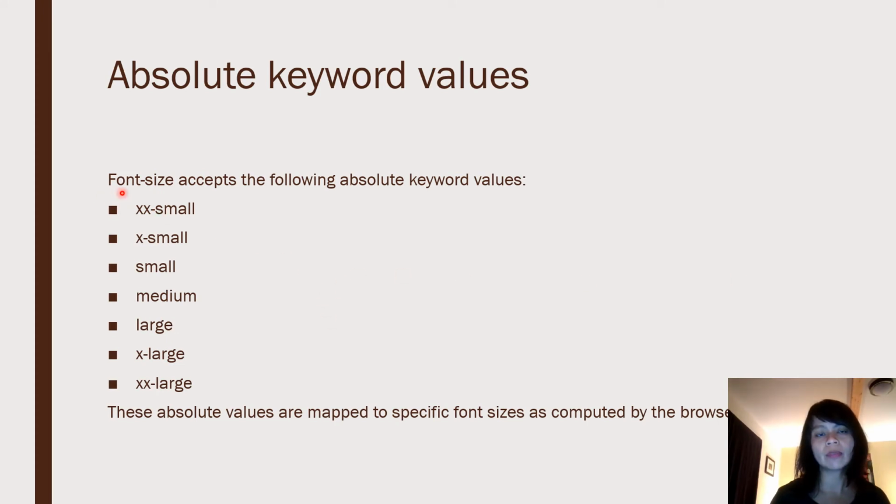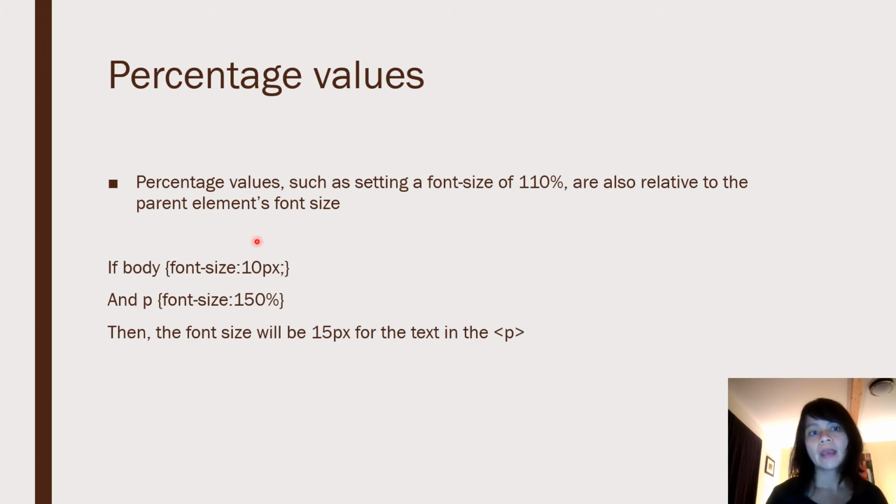Okay, so when we look at absolute keyword values, these are examples: extra extra small, small, medium, large, extra large. So these values are mapped to specific font sizes as computed by the browser. There's the percentage values, such as setting a font size of 110%, also relative to the parent element's font size.